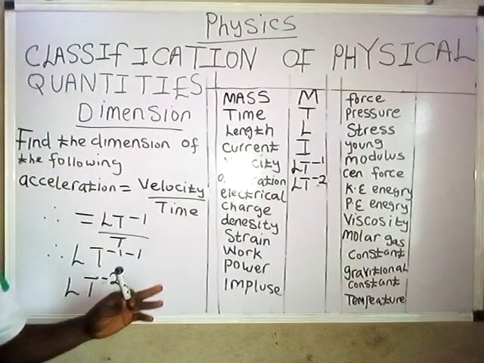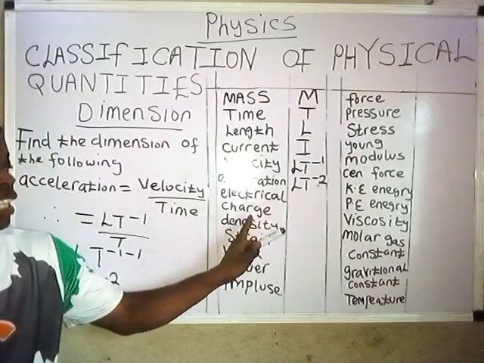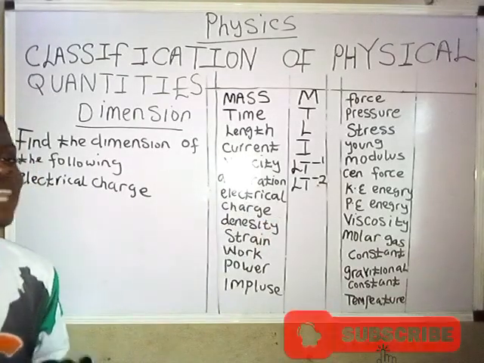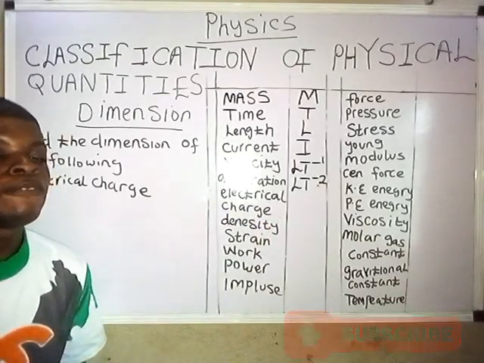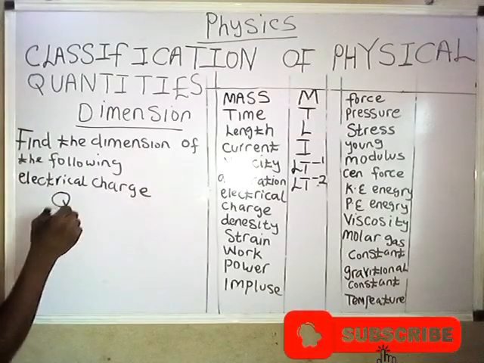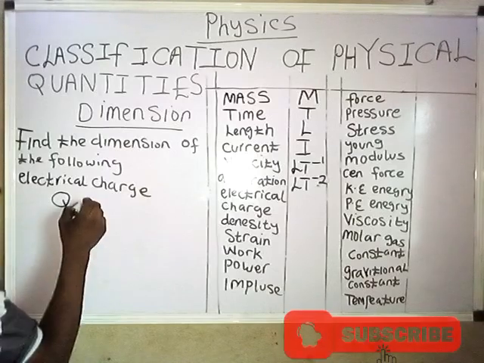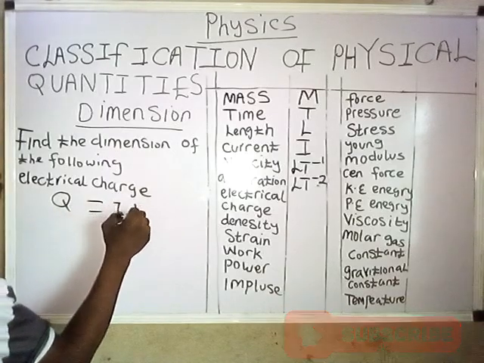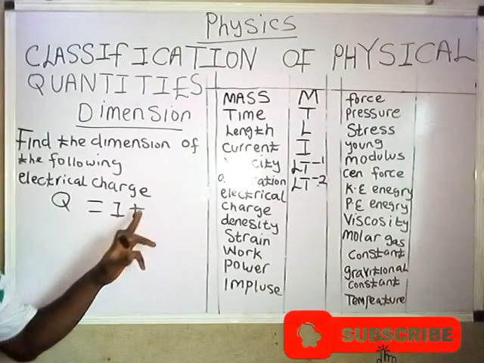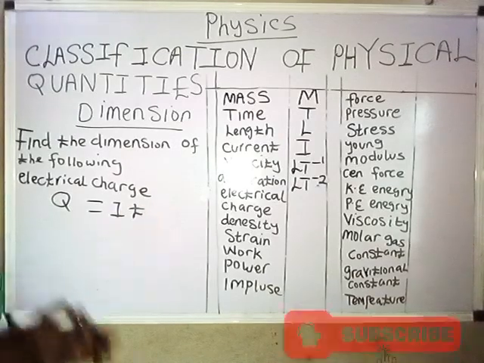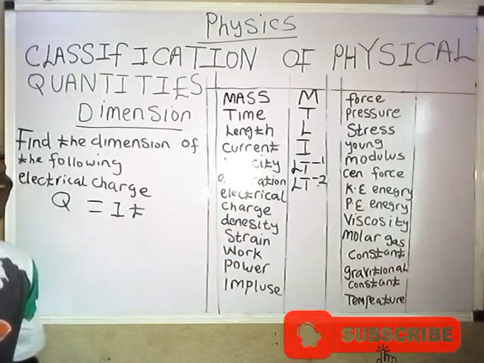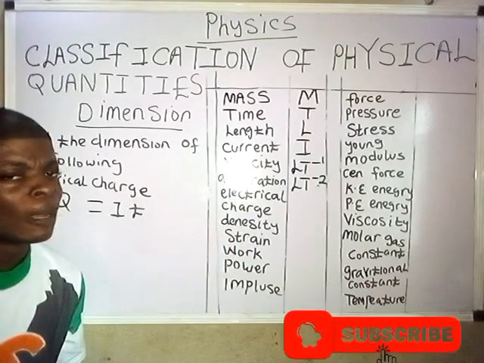So let's look for the dimension of electrical charge. From Faraday's first law of electricity, the quantity of electrical charge equals the current and time. To get the dimension for electrical charge, you must know the formula.